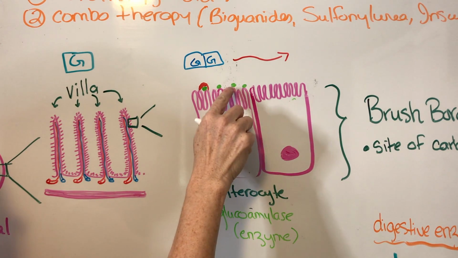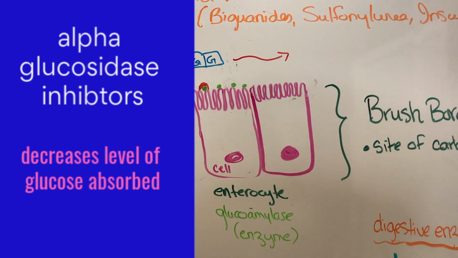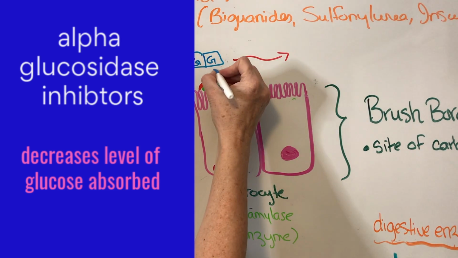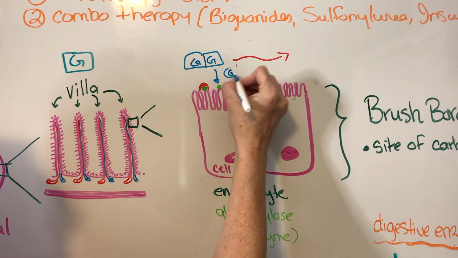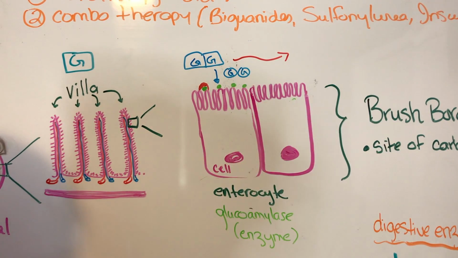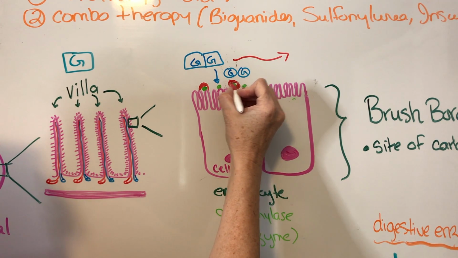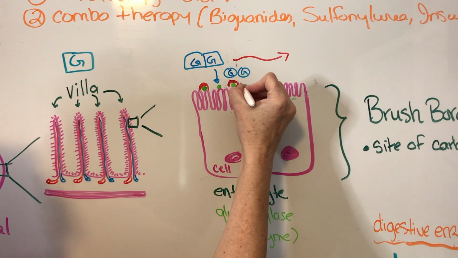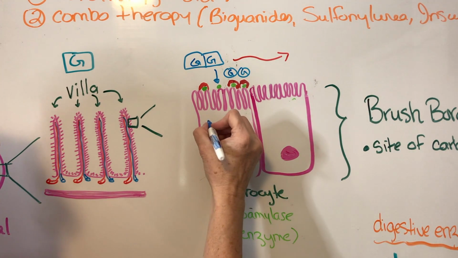Now you see that there are still some open, which means we are only decreasing the amount of glucose, because I can have one bind here, and that's going to break it down into monosaccharides. And then this one is blocked, competitively inhibited. Maybe this one is blocked.